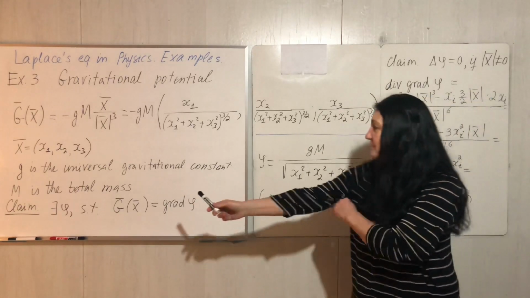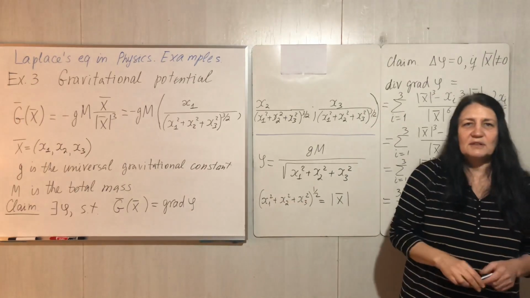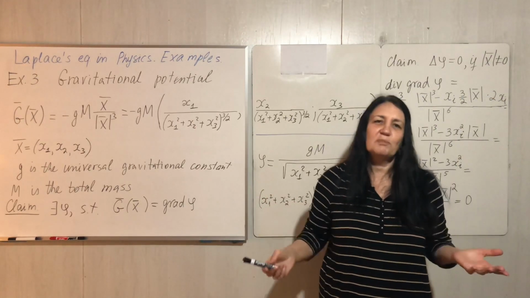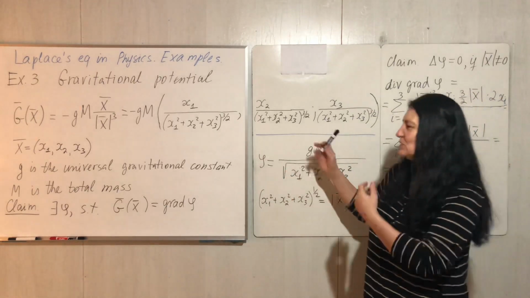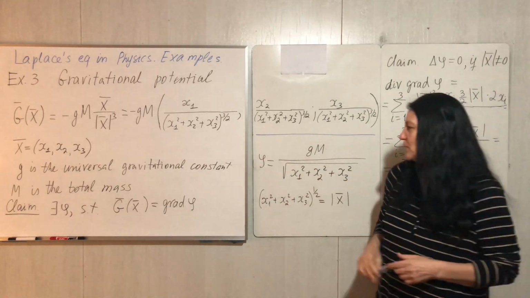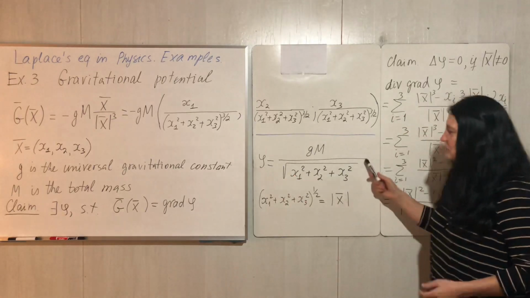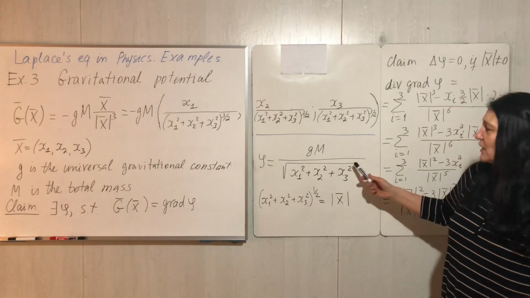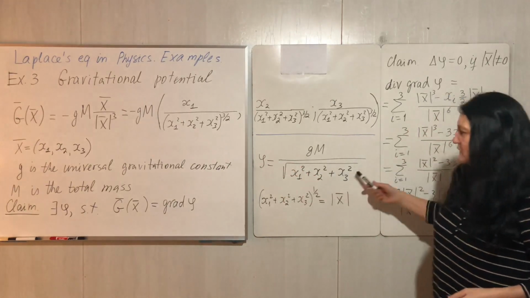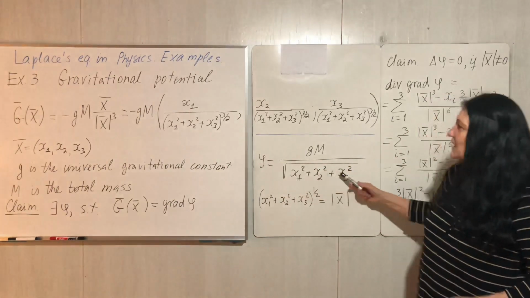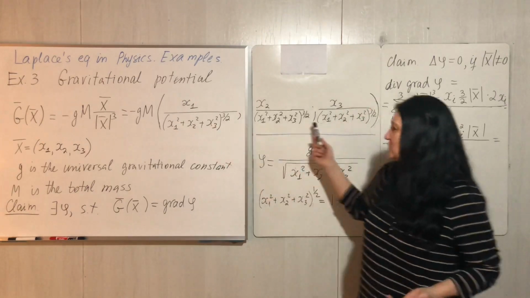Here, instead of a proof, I will just present to you this function phi, which we can check. We can easily check that if we compute the gradient of this function, all partial derivatives, we will get our vector g, right?